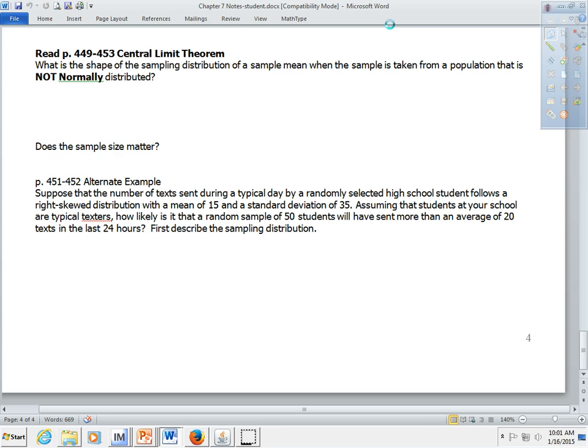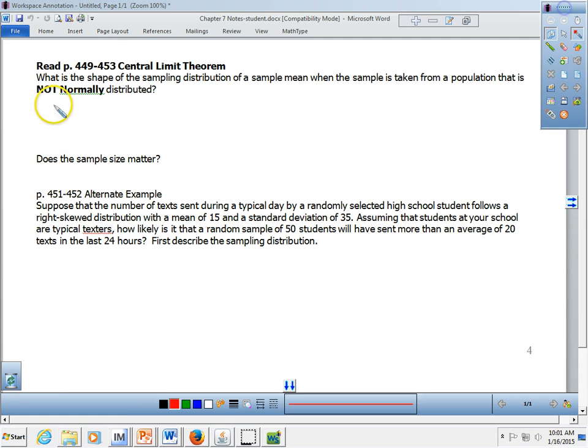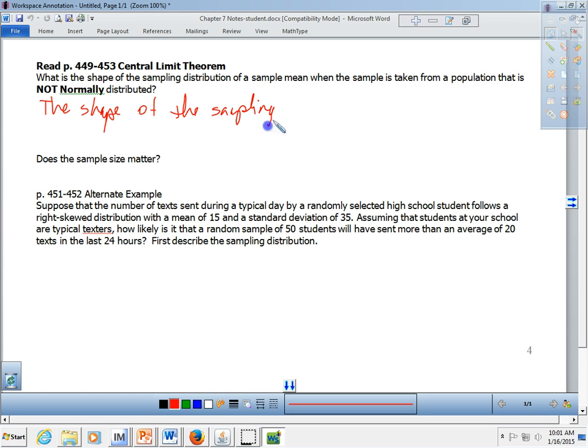What is the shape of the sampling distribution of a sample mean when the sample is taken from a population that is not normally distributed? Well, what we just discovered is the shape of the sampling distribution takes on the shape of the population distribution.